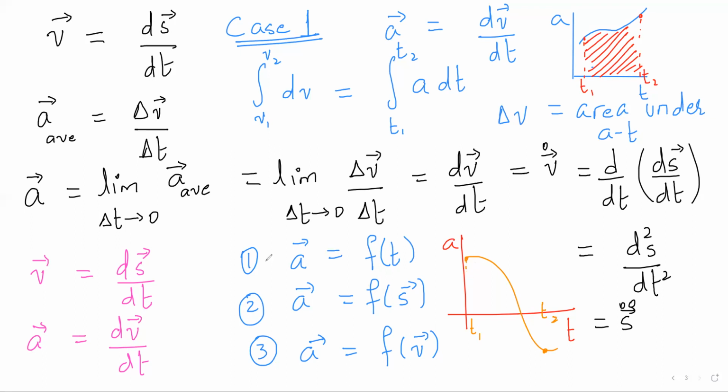Let me make a simple line. And let's say another line like this. Now all you have to do is like this. So this is delta V greater than 0. Quickly. And this is delta V less than 0. Again, delta V is the area under the a-t curve.